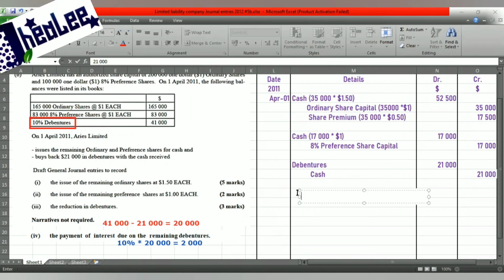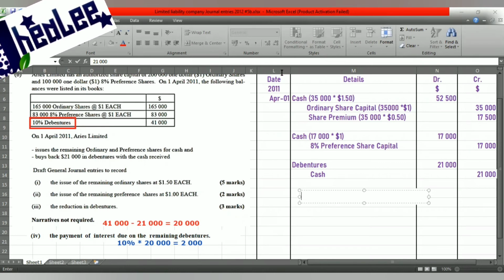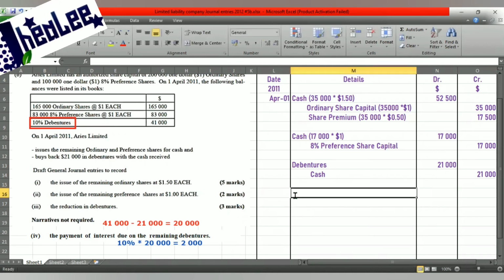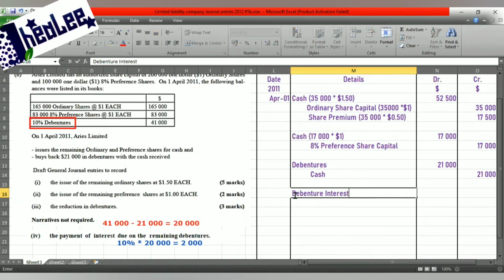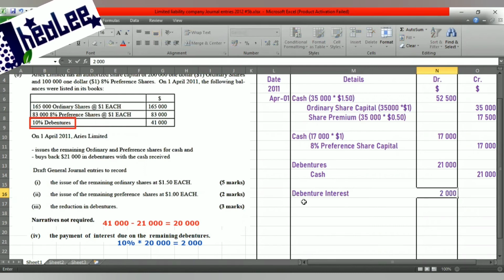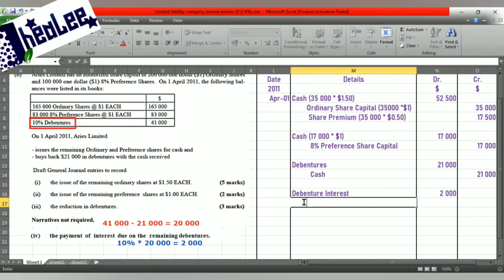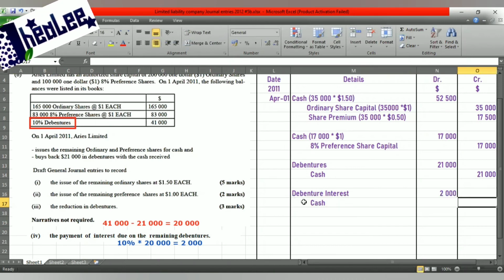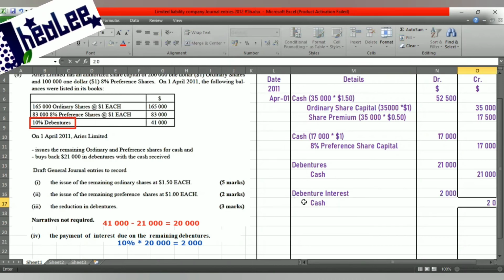So therefore, we're going to debit debenture interest. Debenture interest is the item to be debited, and the value is $2,000, and the item to be credited would be cash, because that is what we have used to pay the interest, and that is $2,000.